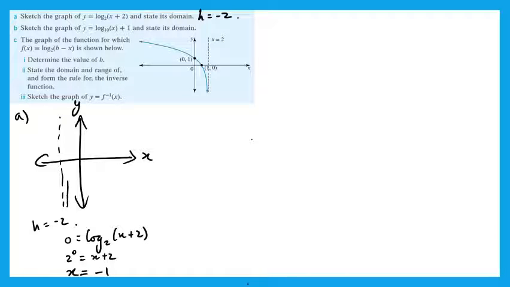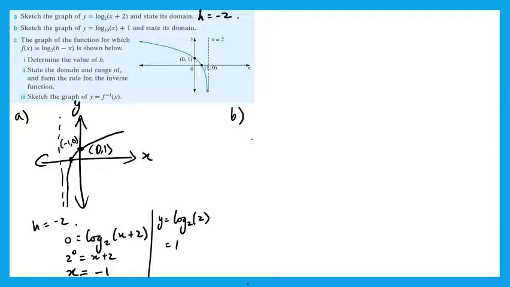So cross at negative 1 and then head up. (-1, 0). And then we also have a y-intercept here. So let's put in x equals 0. Log 2 of 2 is equal to 1. So that's (0, 1).